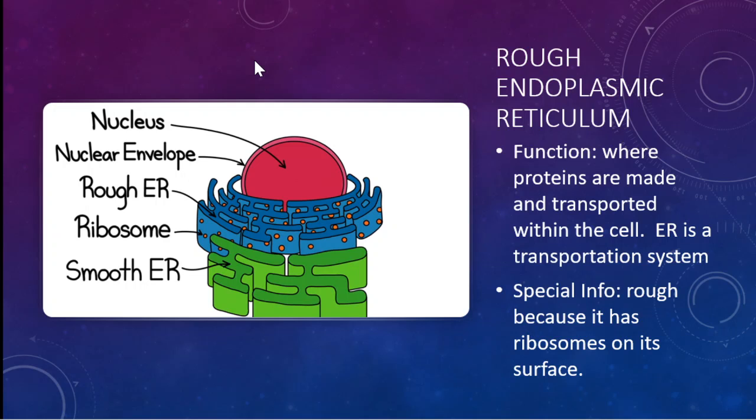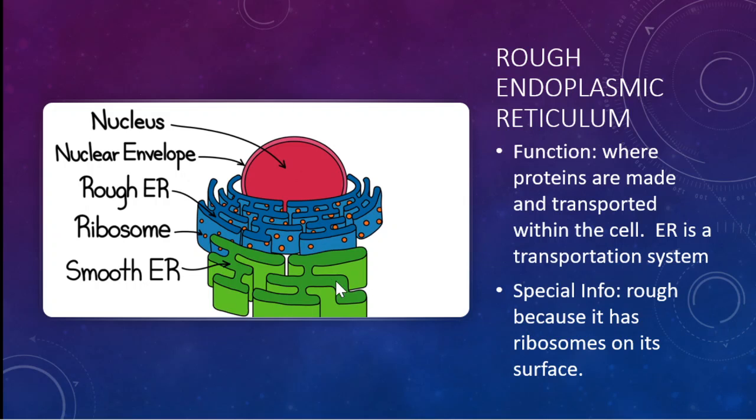The rough endoplasmic reticulum. Its function is where proteins are made and transported within the cell. The endoplasmic reticulum is a transportation system, like the bus system of the cell. It makes things go back and forth. Special info is that it's rough because it has ribosomes on the surface. If it's rough, it's because it has these little dots on it.